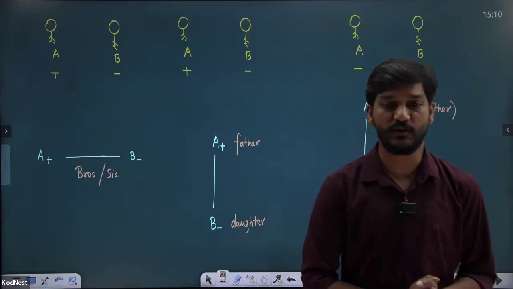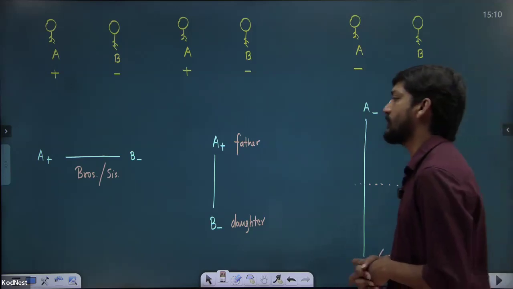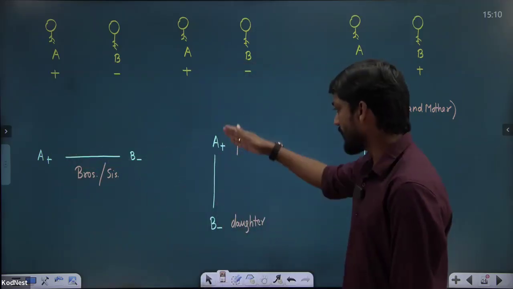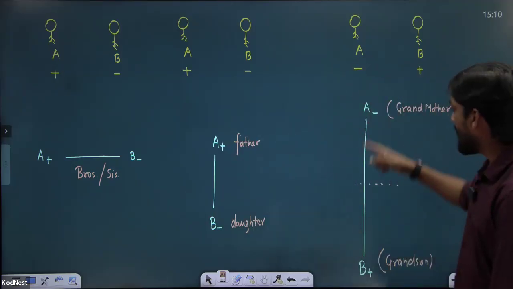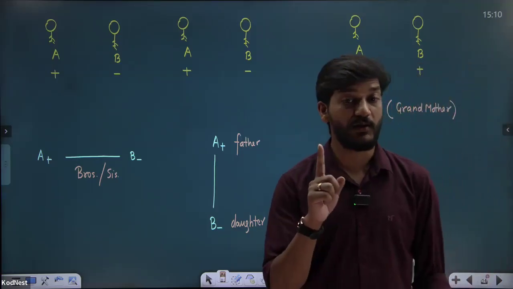Is this point understood? Please answer that. One single line will take care of so many relations. One single line. Same generation, one generation gap, and two generation gap will be able to be represented by one single line.